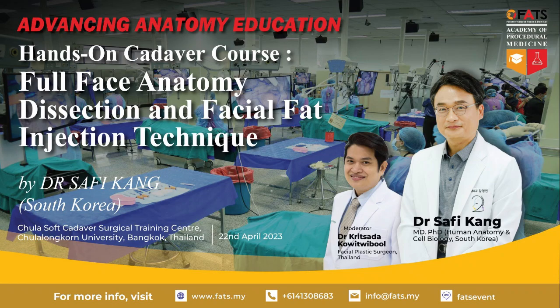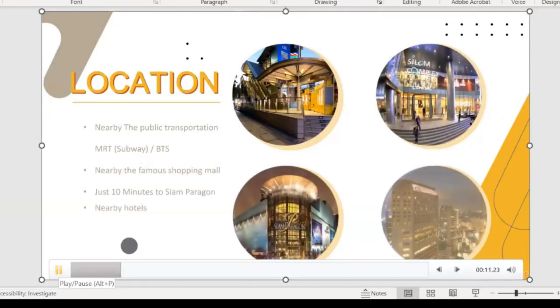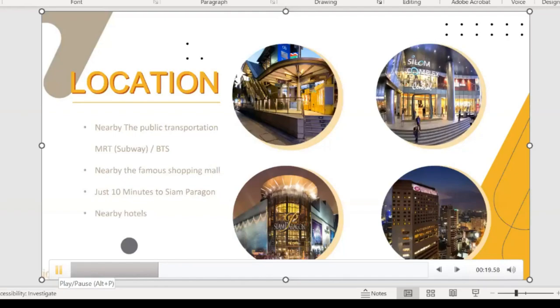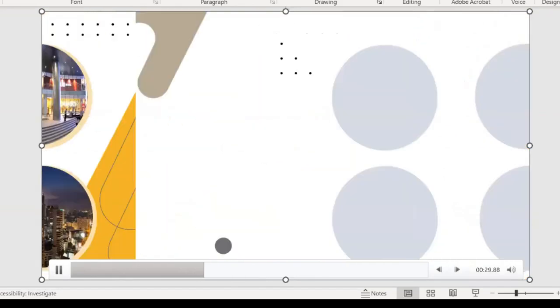All right, Dr. Kritsada, maybe you could provide the voiceover for it. Okay. I think everybody knows, but someone may not know that our surgical center is located in the center city of Bangkok, near the park. So it's easy to access by the subway and sky train, and there are a lot of hotels around there, shopping centers and other things.